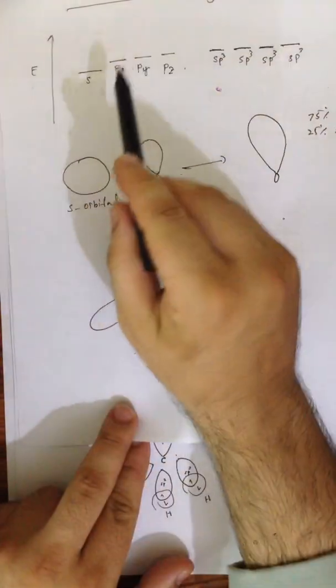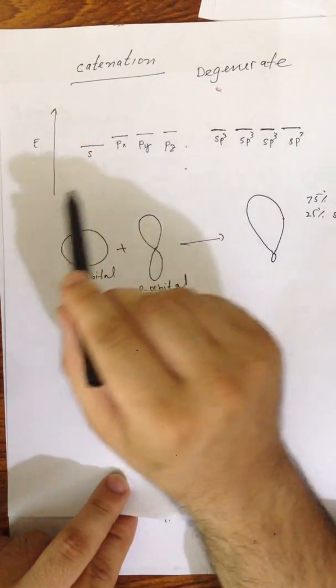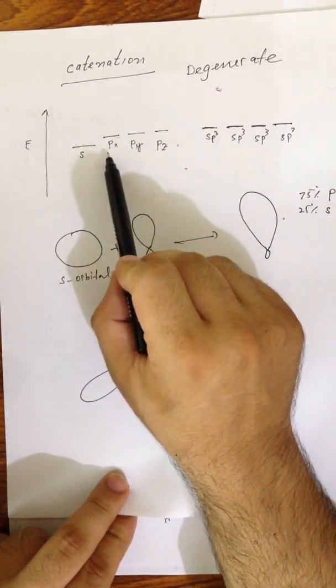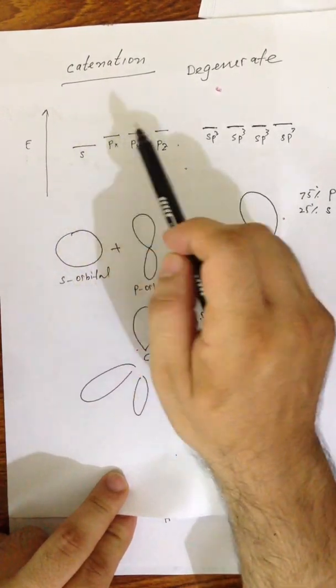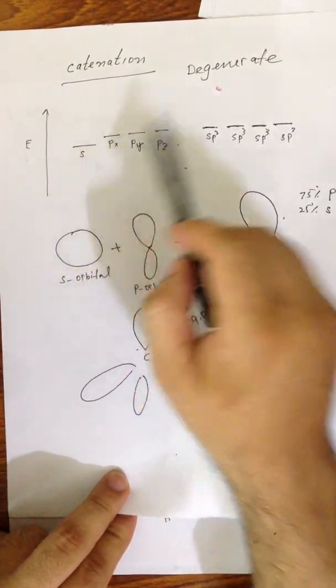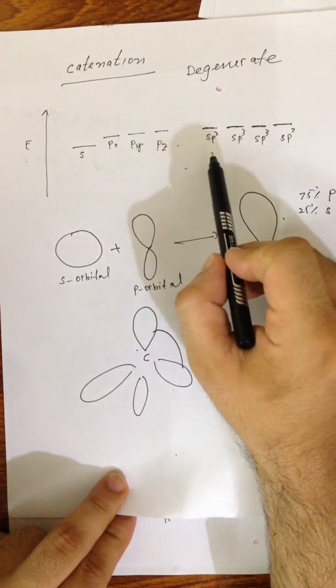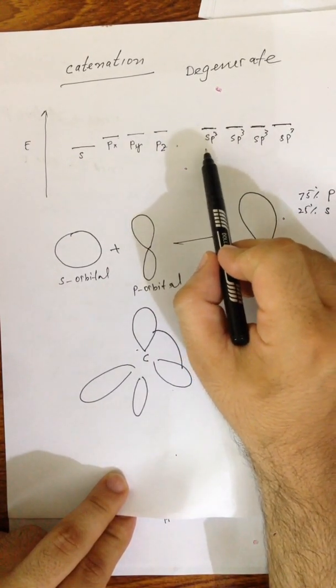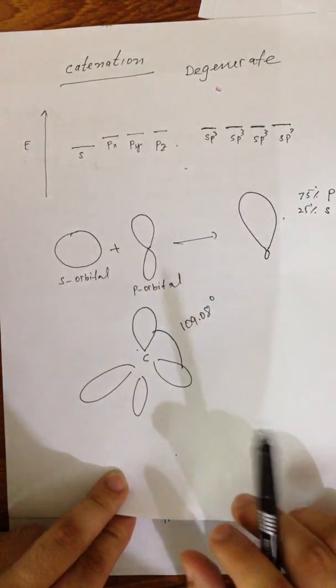We have already discussed this in a little detail. Here we have the sp3 hybridization. One s and three p orbitals of the carbon atom are going to mix with each other to give rise to four degenerate hybridized orbitals, the sp3 hybridized orbitals.